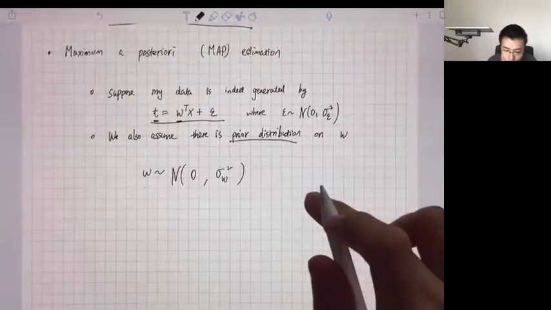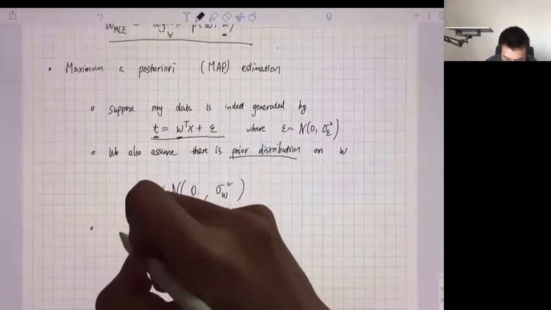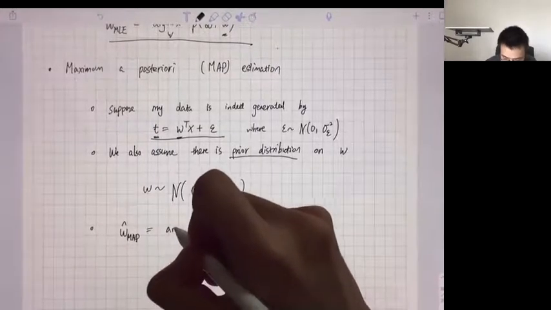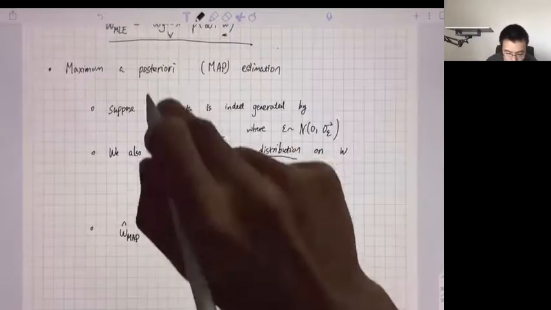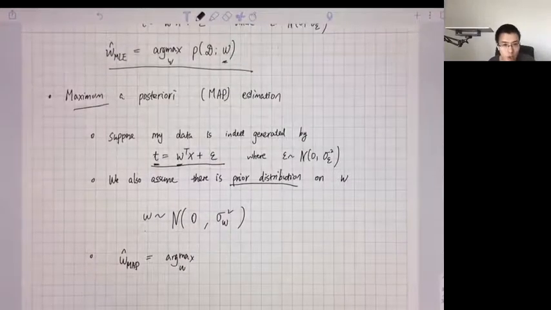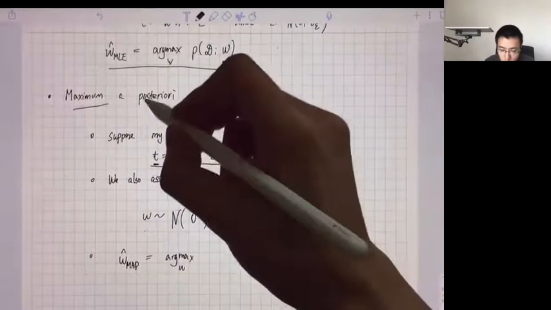Then the principle for max a posteriori inference is we would like to choose W MAP hat as the argmax. Of course it's maximum, so it's argmax over something. But definitely you can say it's the negative log likelihood. Then it gives you the argmin. Anyway, so let's talk about argmax over the posterior distribution.